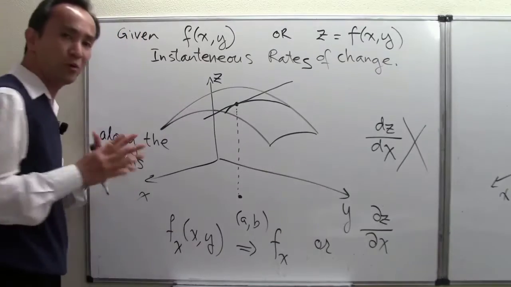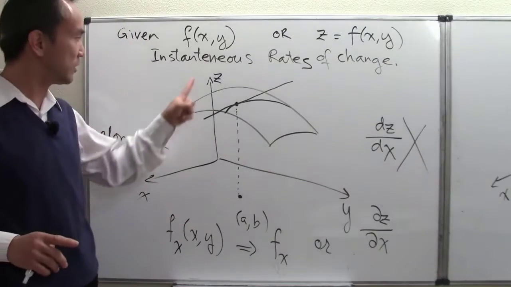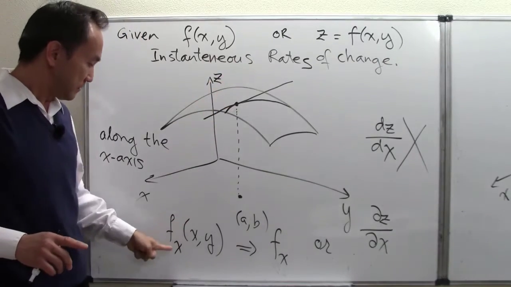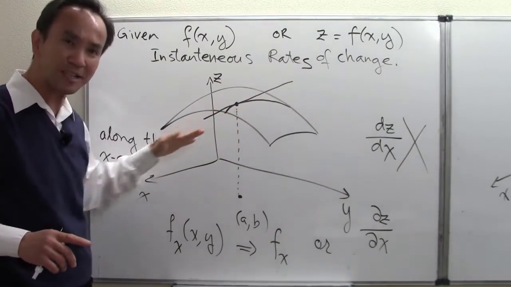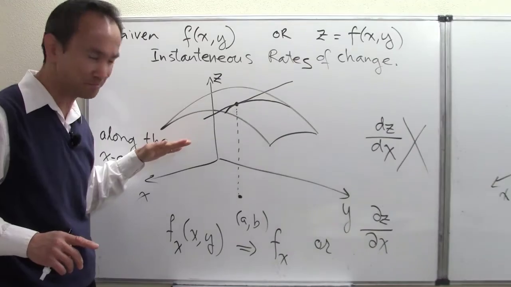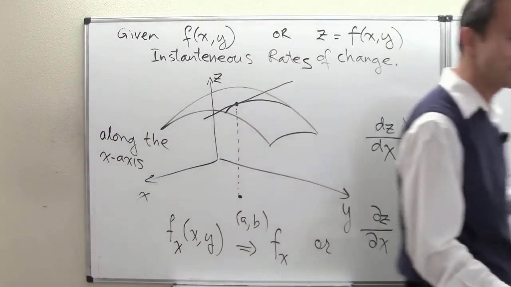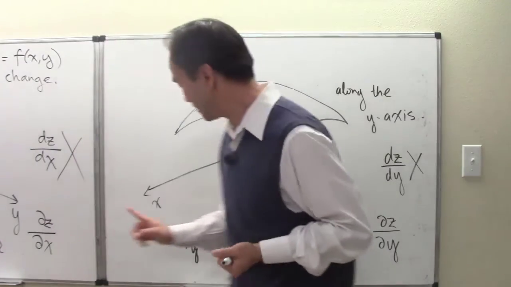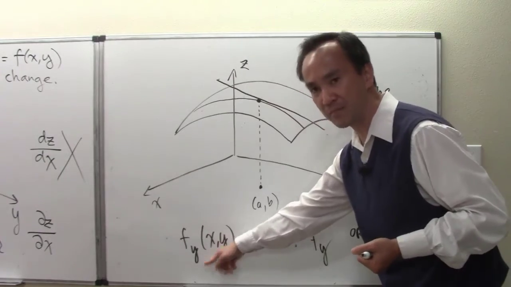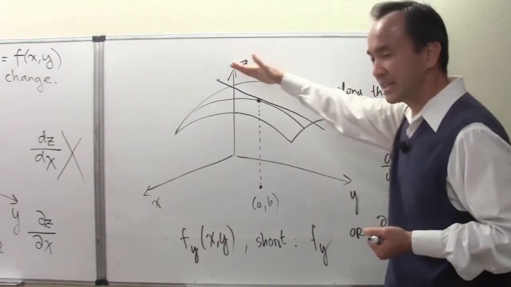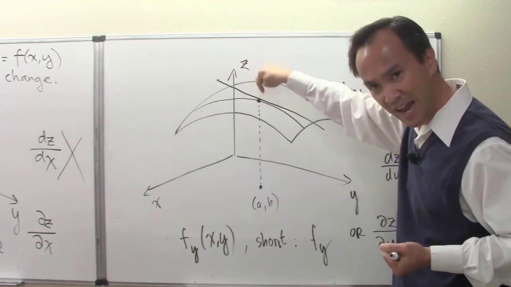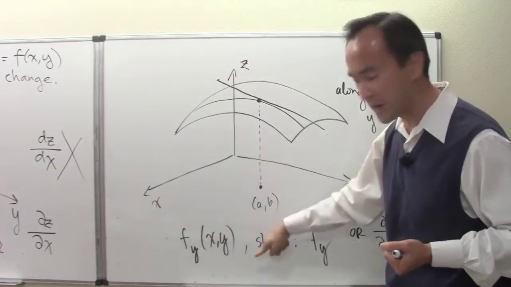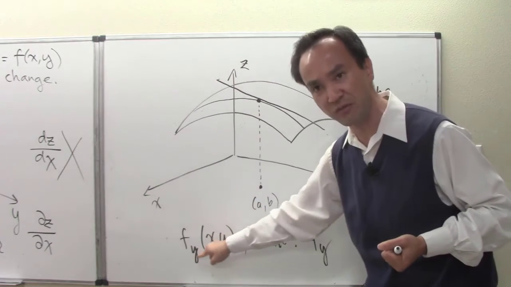Okay, so by far that introduces what it is to be the partial derivative. So in the end, this f sub x here is the instantaneous rate of change with respect to the x direction, whereas the partial derivative with respect to y means the instantaneous rate of change of this function right here. So right at that point, at that instance, there's an instantaneous rate of change with respect to y.